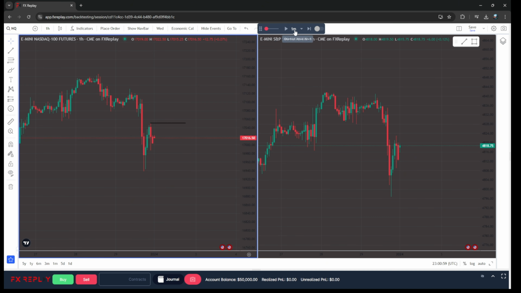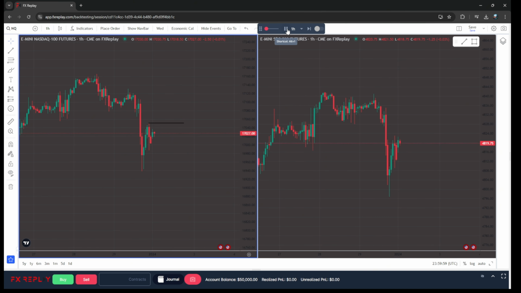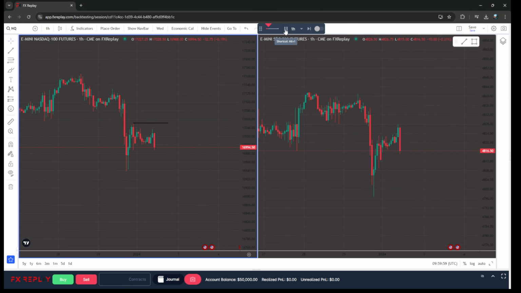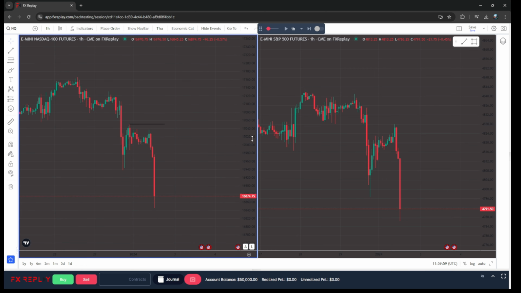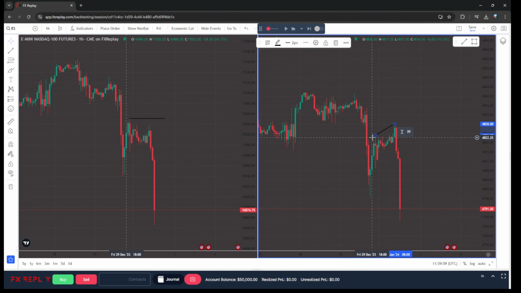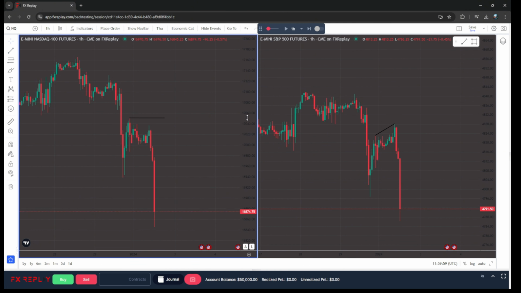Let's see what happens. Okay, so here on S&P, we created a higher high, and on NASDAQ we created a high, but we never created that higher high. So that's an SMT.